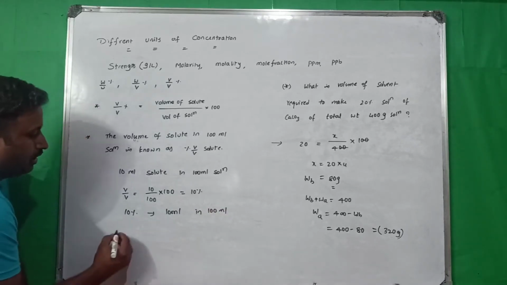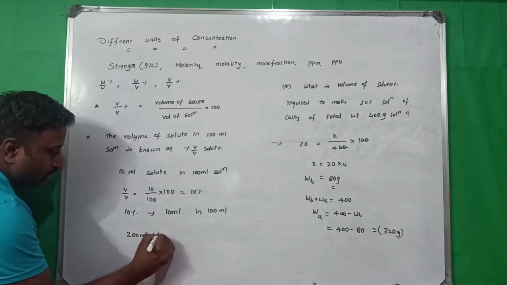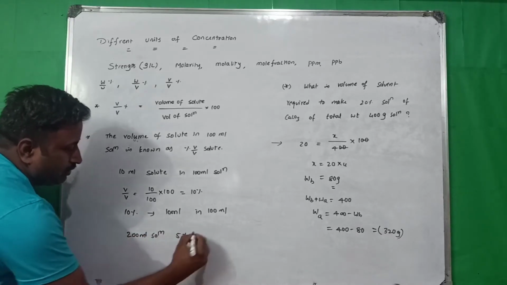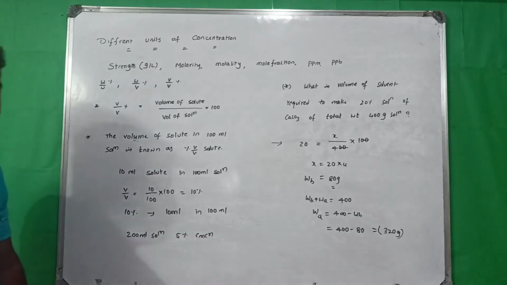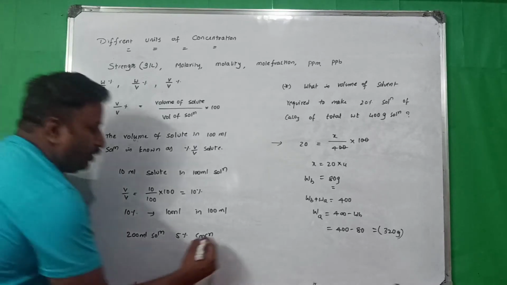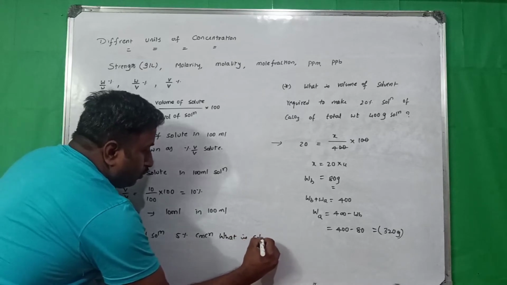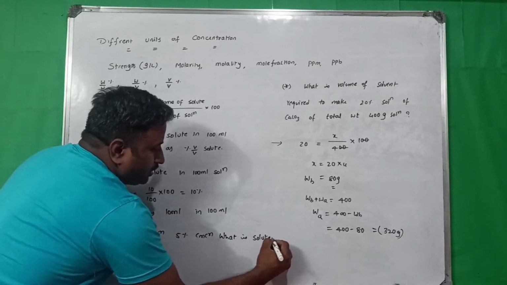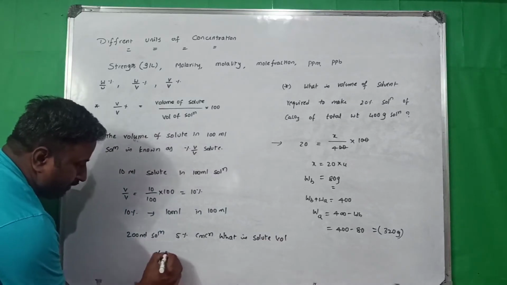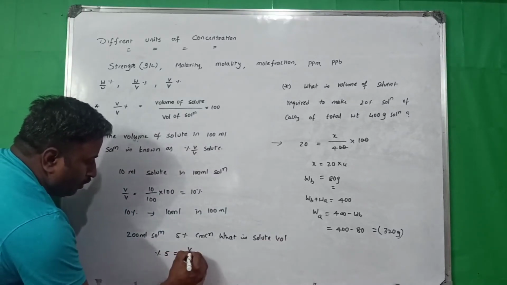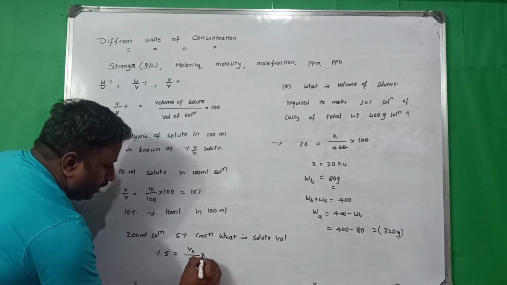Now in case you take 200 ml solution with 5% volume upon volume concentration, then what is the solute volume? Sorry, not weight, solute volume. Here percentage 5 is equal to volume of solute VB upon volume of solution V into 100.